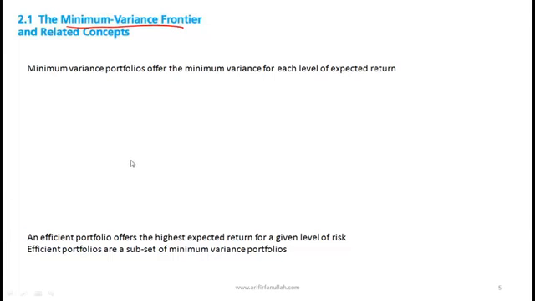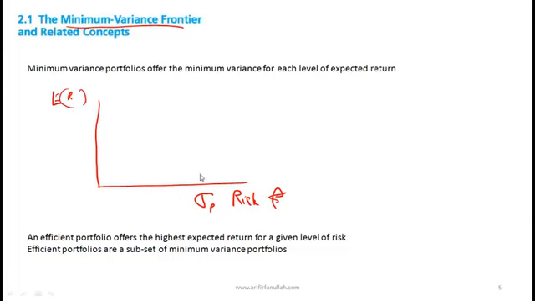When you think of different possible portfolios, if you plot out the risk of a portfolio measured in terms of, say, the standard deviation of the portfolio, so a combination of stocks or other assets, with risk on the x-axis and expected return on the y-axis, at every level of expected return, there will be some portfolio that has the minimum possible risk.